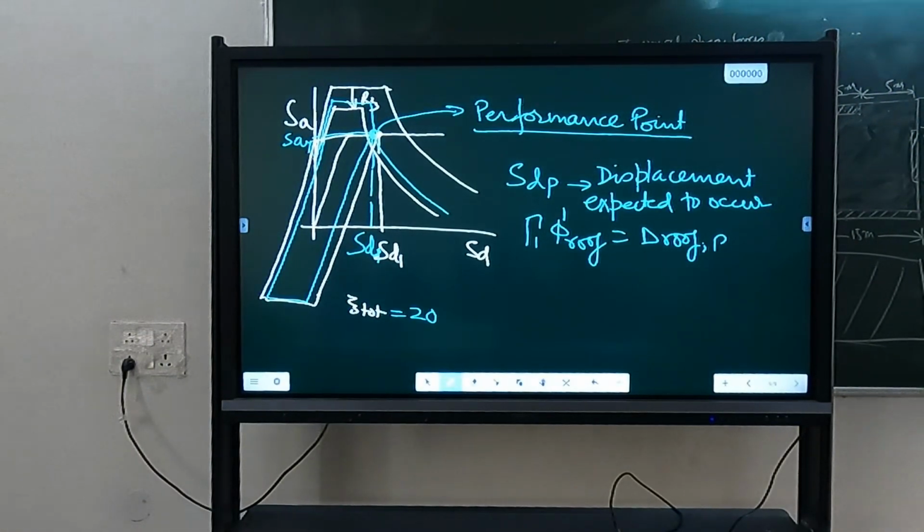If we increase the displacement, then the area of the hysteretic loop will increase. Hence energy dissipated per cycle will increase. Hence equivalent hysteretic damping will increase. Hence total damping will increase. And hence demand will reduce. Okay? So we will continue from here when we meet next on Monday.